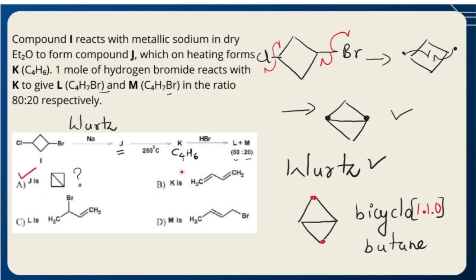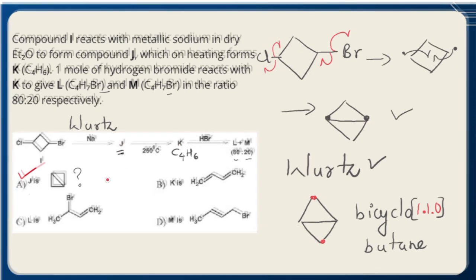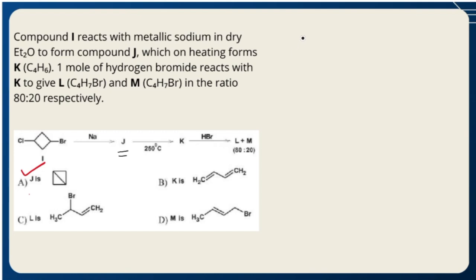What all you have learned here? The reaction mechanism of Wurtz reaction and also the IUPAC nomenclature of the bicyclo compound. Once you know the structure of J is this, let's see what happens next. In the next reaction, the bicyclo compound is heated at very high temperature, 250 degrees Celsius.